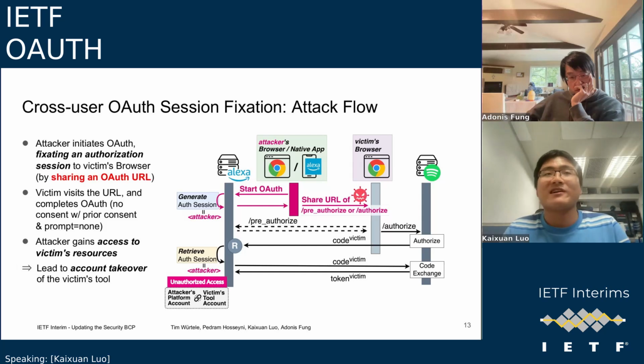Okay, so you may wonder here, would PKCE solve this problem? Well, actually, no, because PKCE only binds the authorization request to the access token request. But here, as we can see, in the attack's case, the authorization request and the access token request are completed by the same user in the same OAuth session.